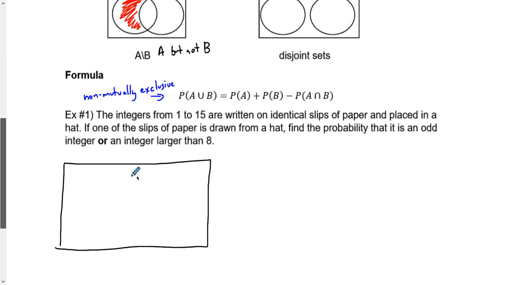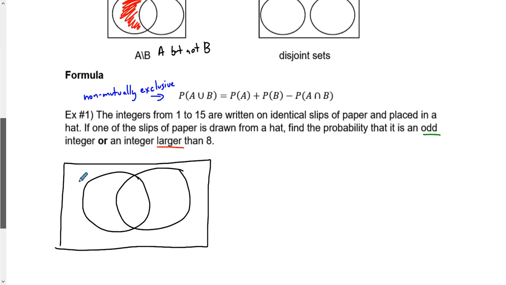Two nice little circles. Let's identify these two things: odd numbers and integers larger than 8. Let's make this first circle odd numbers, and this one greater than 8.